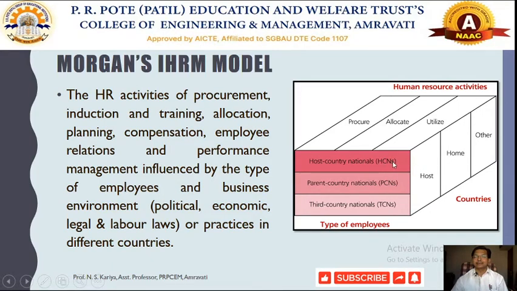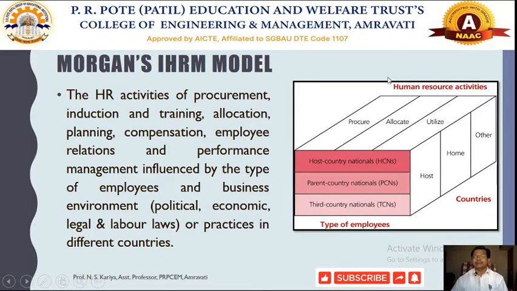Those employees are called expatriates. So here the employees are host country nationals, the second is parent country nationals, and third country nationals. These are the types of employees, countries, and human resource-related activities within an organization.